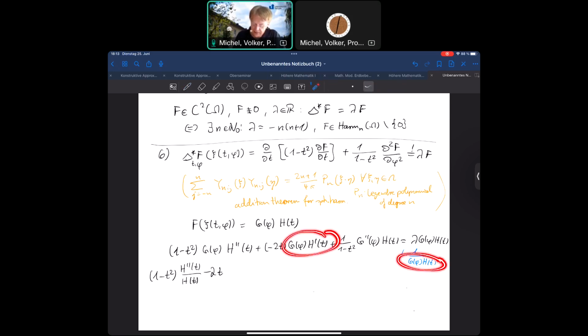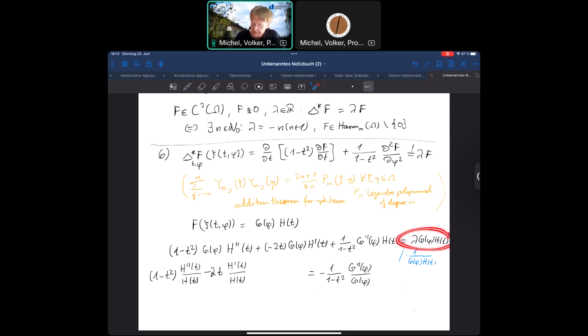Again, the g cancels out. And I get an h prime of t divided by h of t. Now I will put the next term already on the right-hand side. So I get here minus 1 over 1 minus t squared. And now if I divide this by gh, the h cancels out, and I get g double prime of phi divided by g.